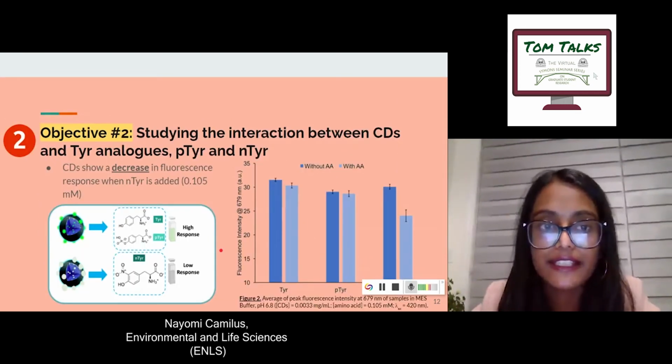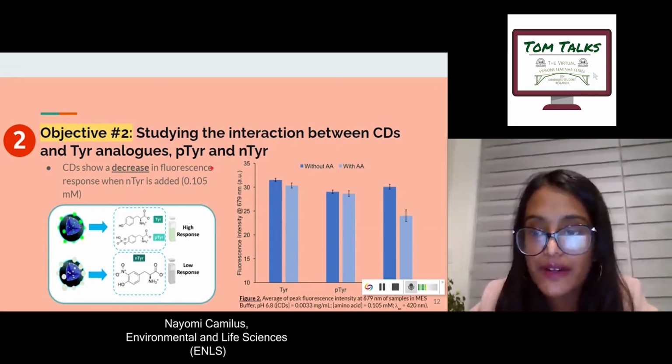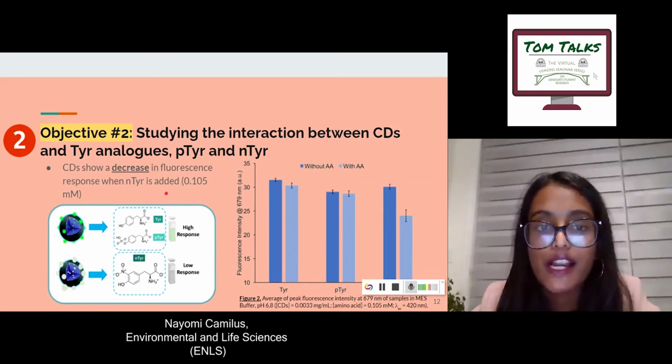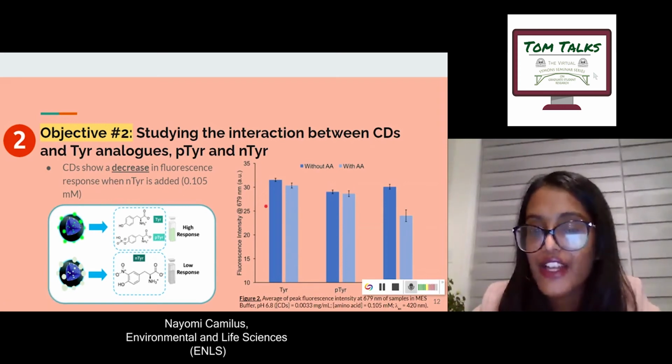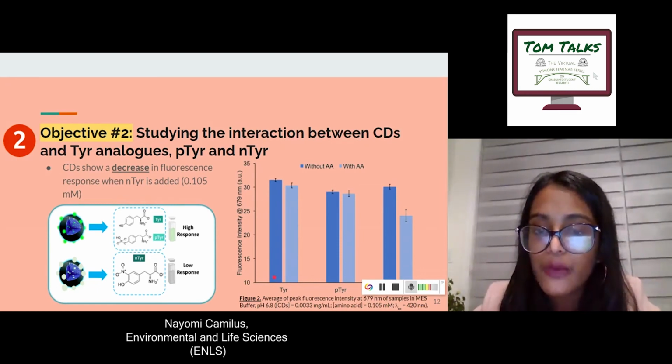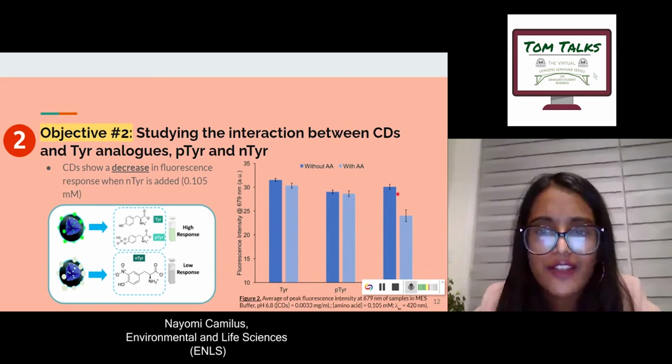So now you can see here for objective 2, just studying the interaction between carbon dots and tyrosine analogs, phosphotyrosine and nitrotyrosine. You can see here that carbon dots actually show a decrease in fluorescence response when nitrotyrosine is added. So this is very, very specific. In the first plot here, we see tyrosine, secondly phosphotyrosine, and lastly nitrotyrosine. But we notice here that only nitrotyrosine shows a decrease, while tyrosine and phosphotyrosine really don't show much of a decrease in response.